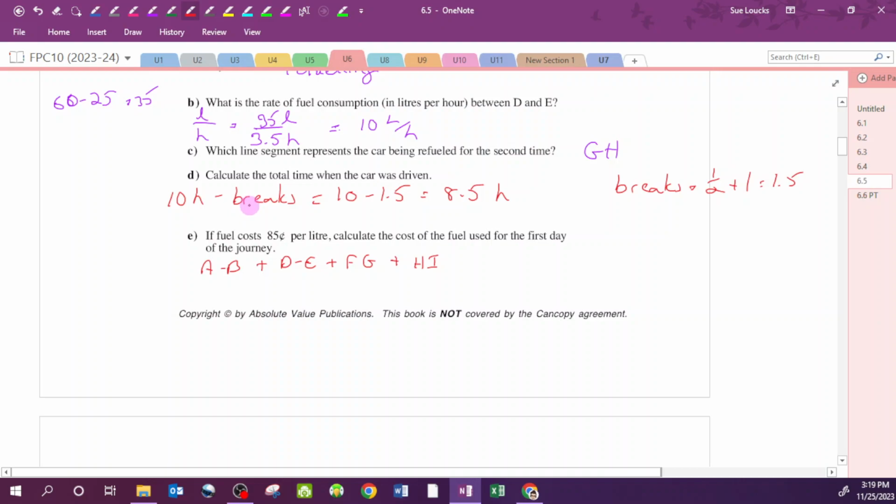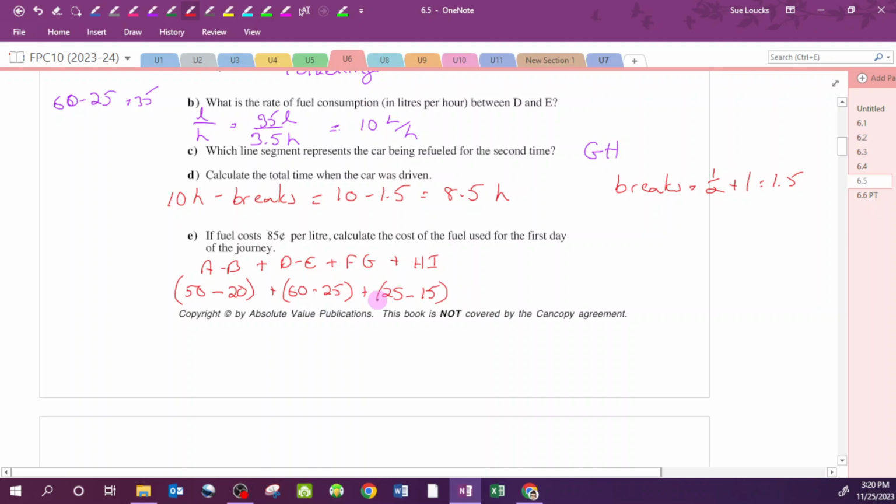So from A to B, it starts at 50, and it goes down to 20. And then from D to E, at D, it's at 60, and it goes down to 25. And from F to G, F starts at 25, and it goes down to 15.